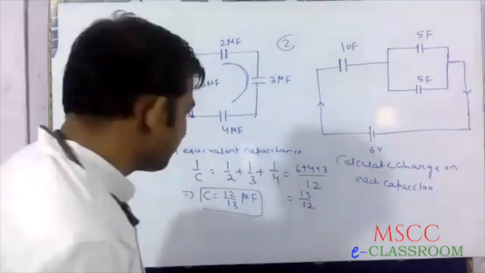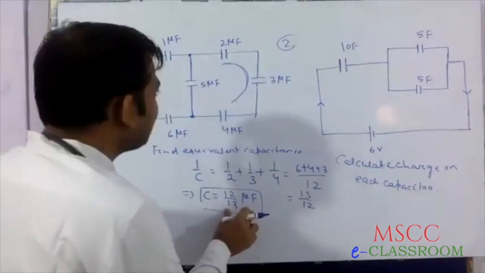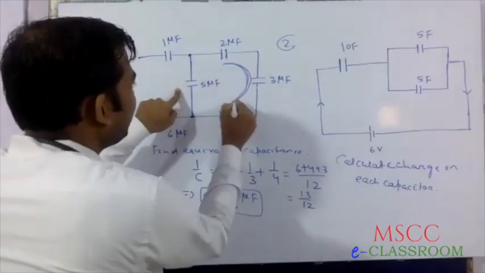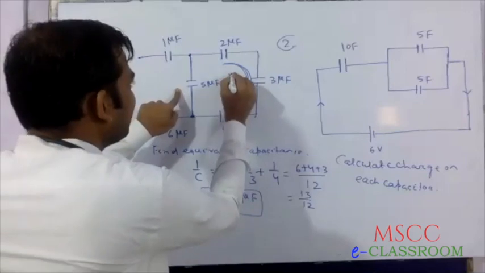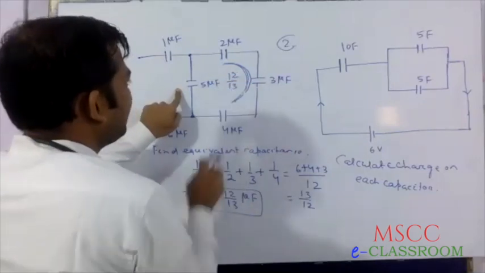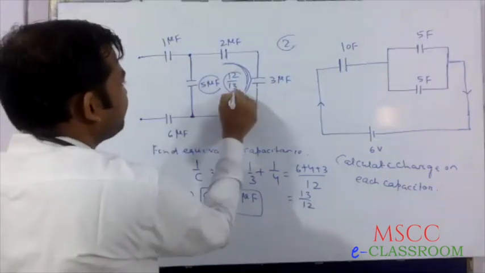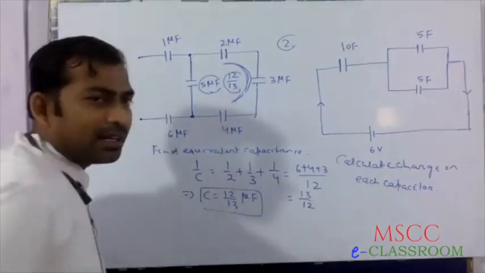Next, this capacitance and these three, whose equivalent result is 12 by 13, are parallel.